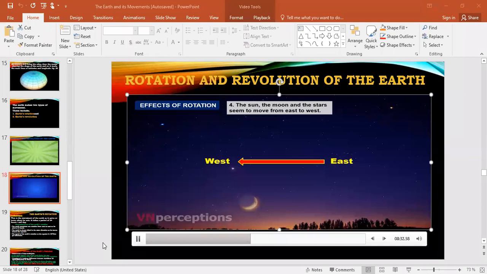We see the trees and buildings and everything moving in the opposite direction to that of the train. The reason is the train is moving at a very great speed. The same happens with the earth. When you look at the sky, it appears as if the sun, moon, and the stars are moving, but actually the earth is spinning on its imaginary axis.